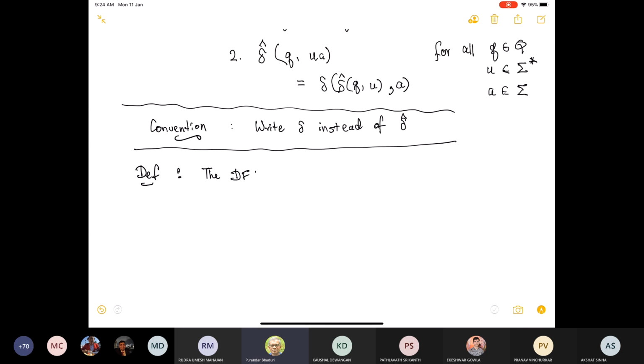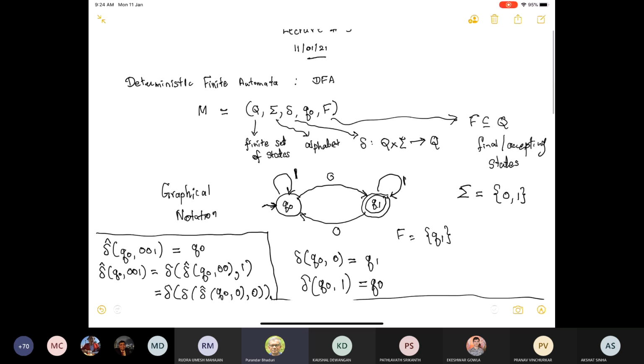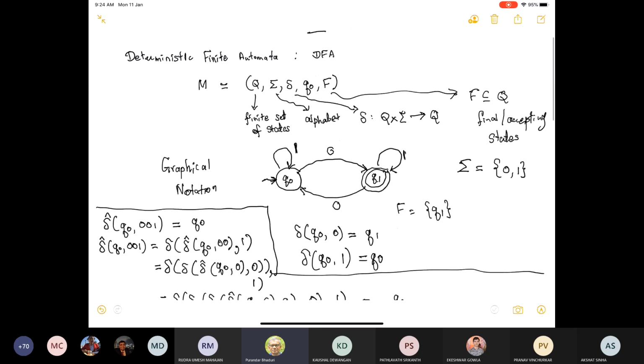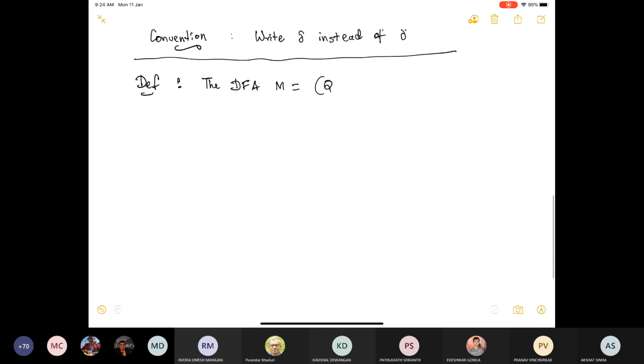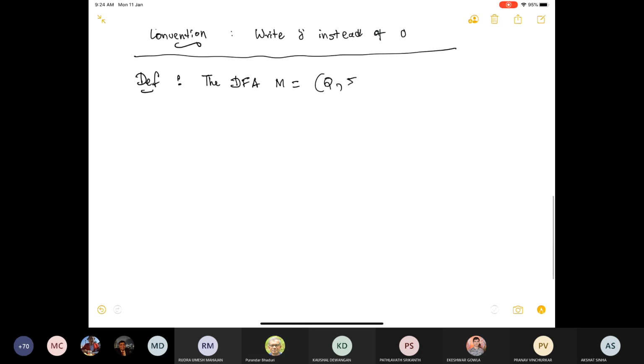The DFA M, which is that horrendous 5-tuple Q, sigma, delta, Q naught, F. Sometimes it's difficult to remember the order, and different books have different orders.